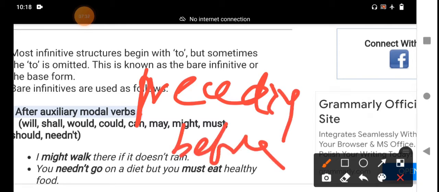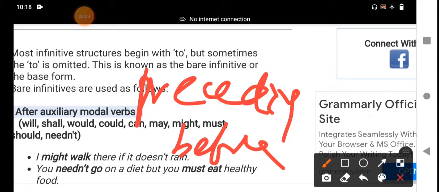The bare infinitive verb form is not preceded by the particle to. It is used after the verbs of perception and auxiliary verbs, the verbs make or let, the expressions had better or would rather, and these verbs we have to discuss here.